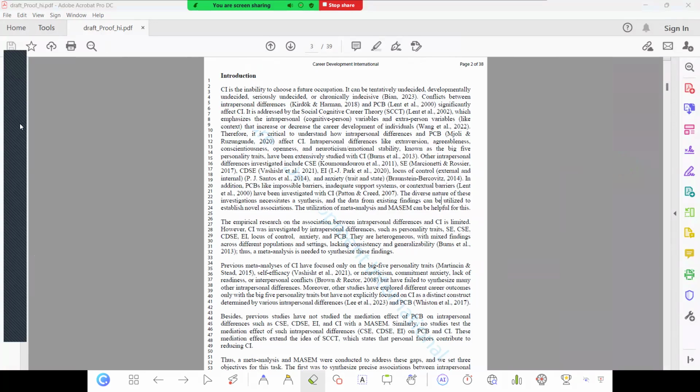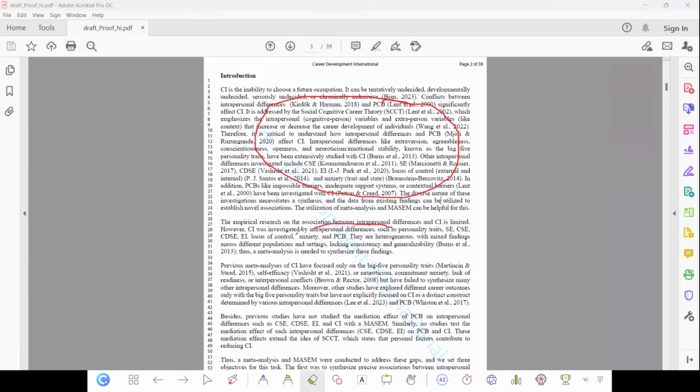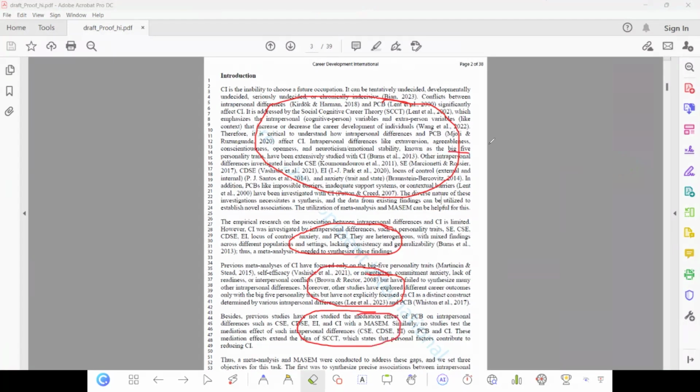Right? So here, what is the main idea of this paragraph? And this paragraph says about A. And this paragraph is talking about B. And this paragraph is talking about C. And this paragraph is talking about D. And you can simply identify whether there is a connection between these A, B, C, D. What is the flow?